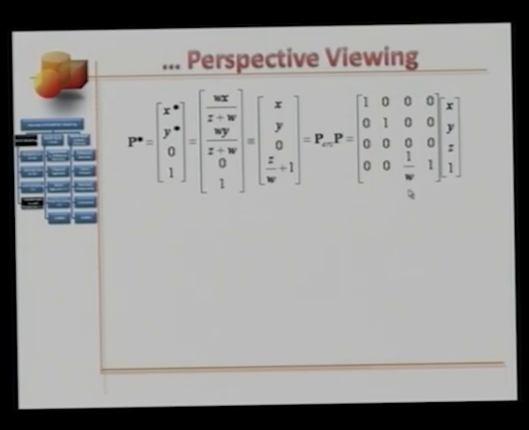In the rigid body transformations, we had seen that these 3 entries will all have 0 values. If you recall, this is because of the free vectors that we had used to derive the generic form of rigid body transformations. In perspective viewing, however, the 3 entries can be non-zero.